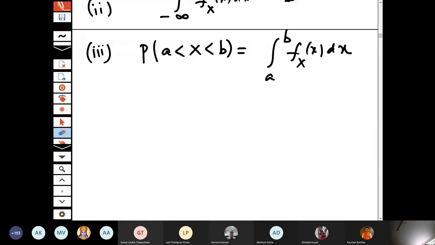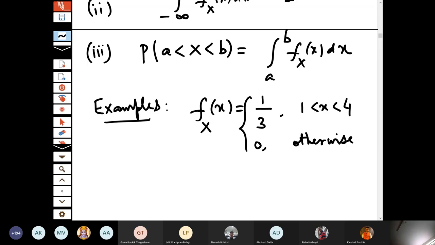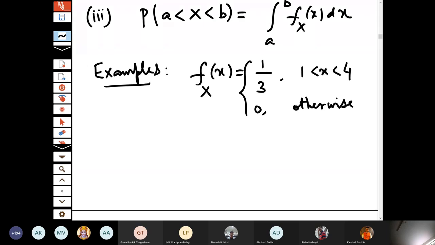So let us consider some example. Suppose I consider fx is equal to say, so if you look at this, this is a non-negative function.